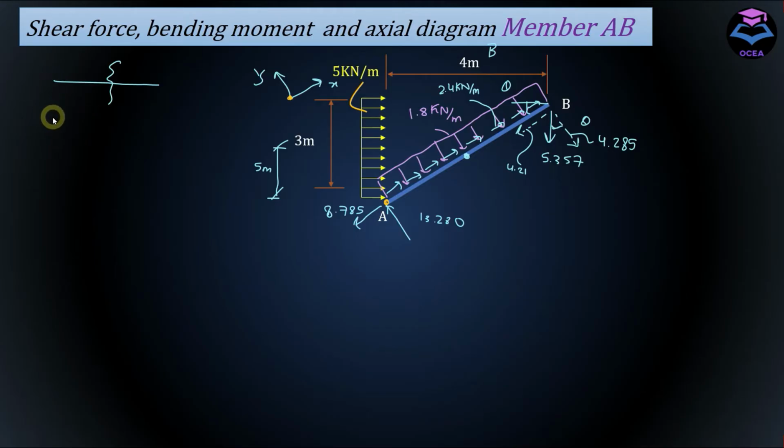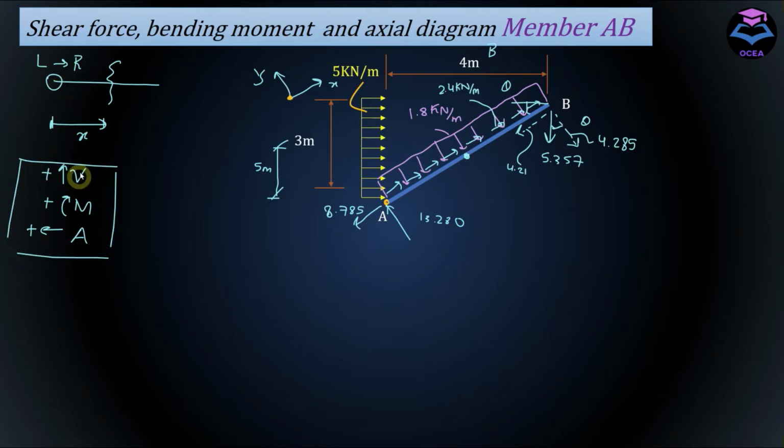So if I take the coordinate from the left hand side of the member, then in this case upward shear force will be positive, clockwise moment will be positive, and leftward force will be positive, axial force. So if I'm moving from left to right, then these will be the positive sign conventions for shear force, bending moment and axial force.